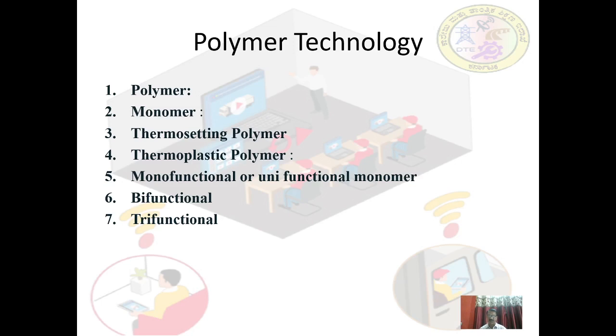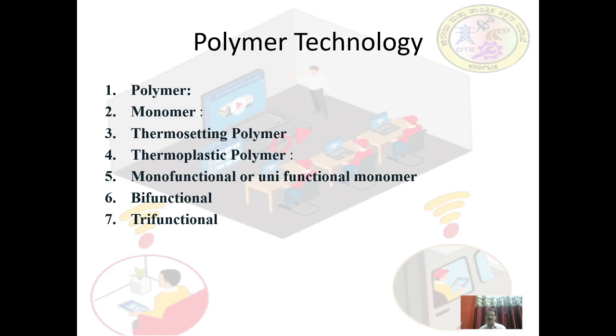For example, phenol and formaldehyde. Phenol is monofunctional and formaldehyde is bifunctional. So it actually forms a trifunctional monomer. Right. So these are the things which we have studied in the last session.